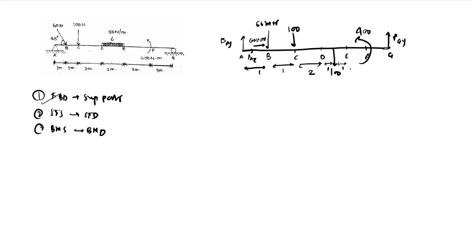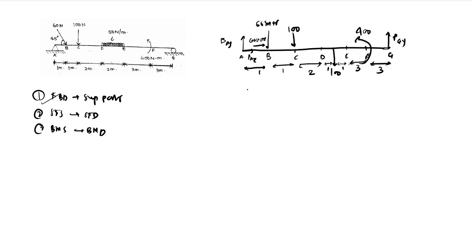It will be at the midpoint of the UDL, so the force is acting 1 meter from D and 1 meter from E. We have EF distance as 3, and FG distance also as 3. So the total beam length will become 12. So this is how you can draw your FBD and mention distances.